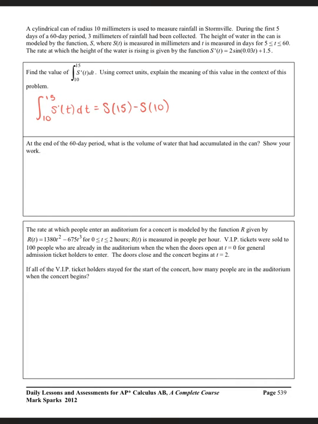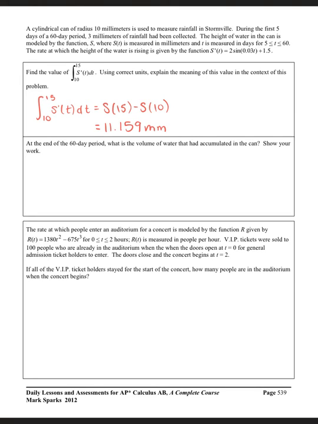Okay, so s of 15, what do we know? So since we have the equation, we can just do this calculation. So on your calculator, you should get 11.159, and your units are millimeters.